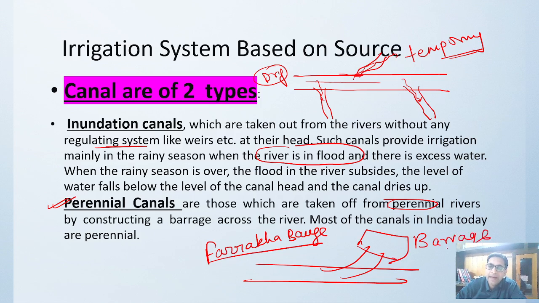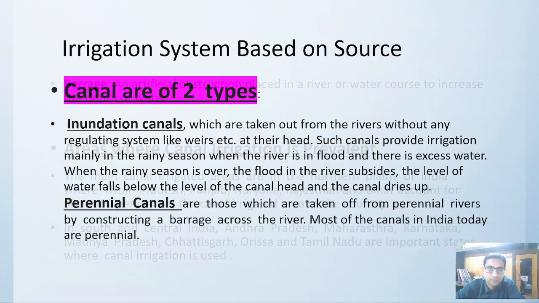They build a barrage near the river, where they store the water, and canals are dug out through these barrages. Farakka barrage and various other barrages are there throughout our country, where from rivers having continuous flow of water, we take out the canal and build the barrage to stop the water there and put it into a canal.